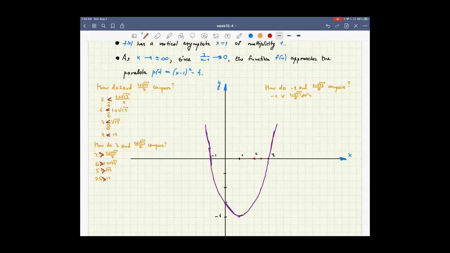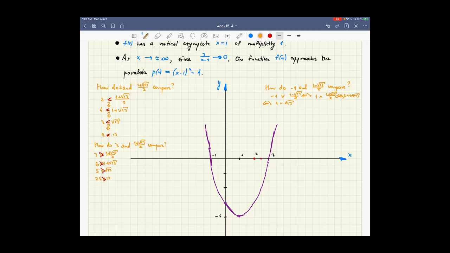So multiplying by negative 1, we change the sign. So we get 2 comparing 1 plus root 13. So that's 1 versus root 13.